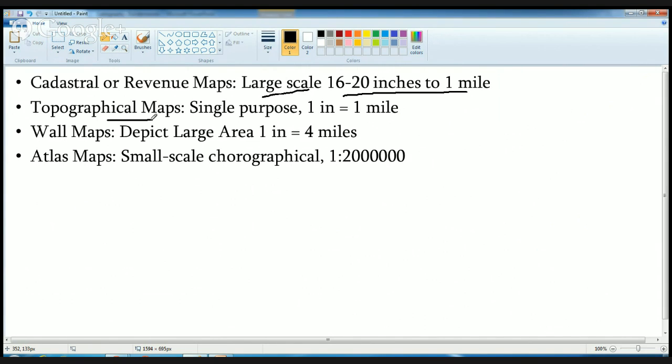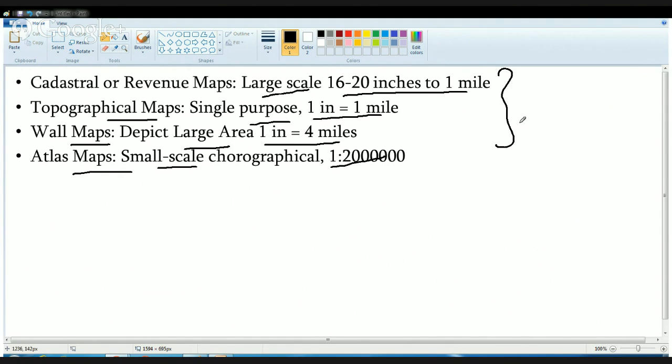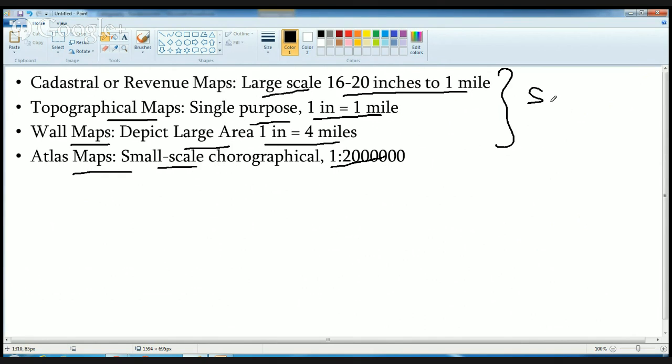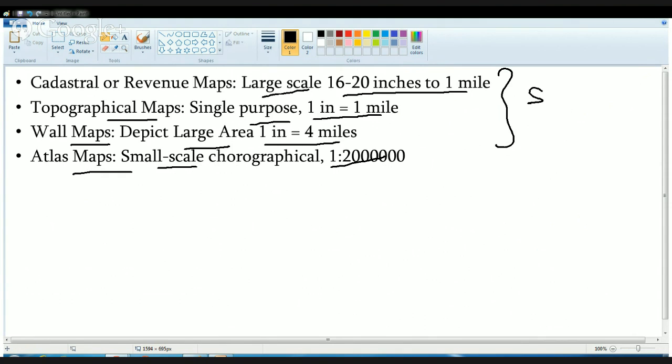Then you have topographical maps, which are single purpose, where you talk about 1 inch to 1 mile. Wall maps depict further large areas, 1 inch to 4 miles, and atlas maps are small scale and they depict a huge area on the Earth's surface. So these are the various maps based on scale size.